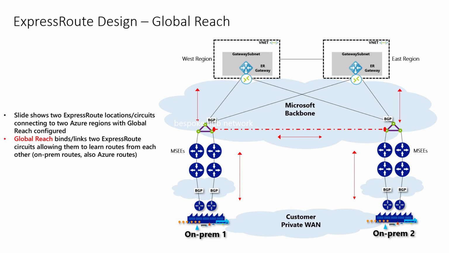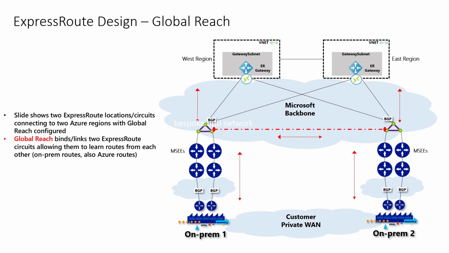So coming back to our fourth scenario, which is the ExpressRoute Global Reach scenario. In this scenario, we can have two important use cases. The first important use case is you can have your ExpressRoute circuit in one region, and you can extend that circuit to another geopolitical region. When I say that, I mean you can have an ExpressRoute circuit in East US, and you can connect that circuit to a gateway in any region within Australia, for example.